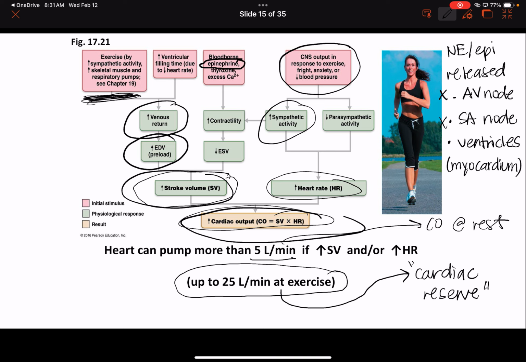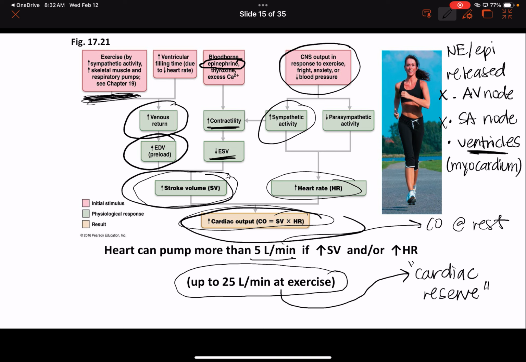So by putting epinephrine on the ventricles, it makes them contract more forcefully, a stronger contraction, which is going to decrease the amount of blood left over. So remember we talked about the end systolic volume, the amount of blood that's left over in the ventricles. That's going to decrease because now we're pushing out that blood more forcefully, so there's less left over.